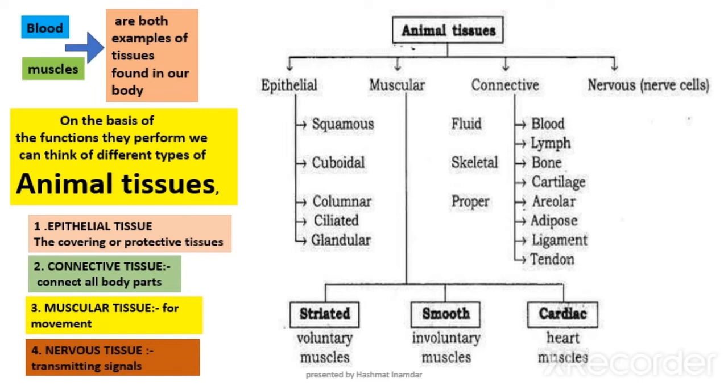And connective tissues are classified into 7 types, that is blood, lymph, bone, cartilage, areolar, adipose, ligament, tendon, and the last one is the nervous tissue.